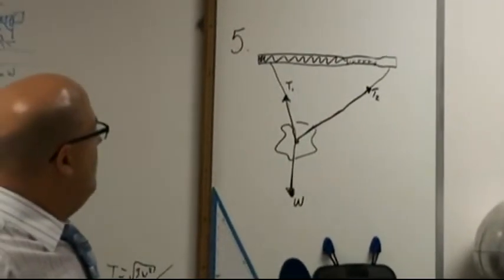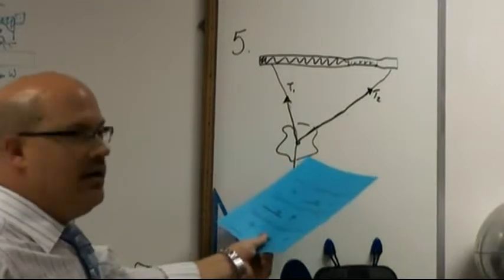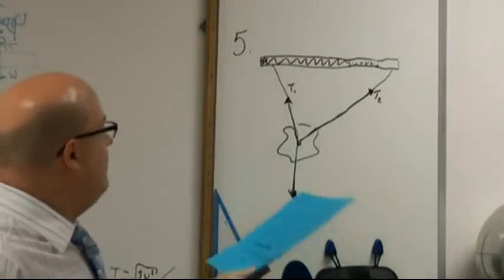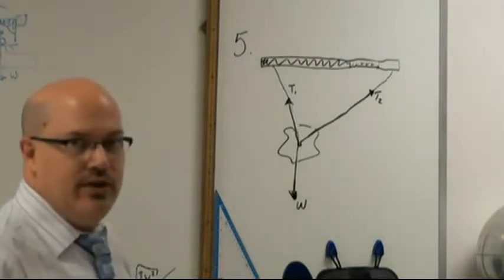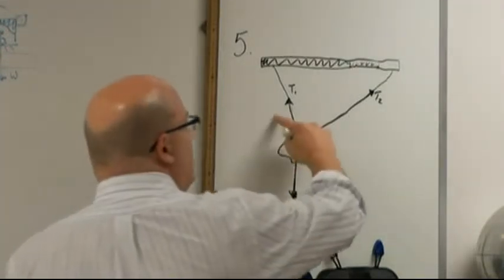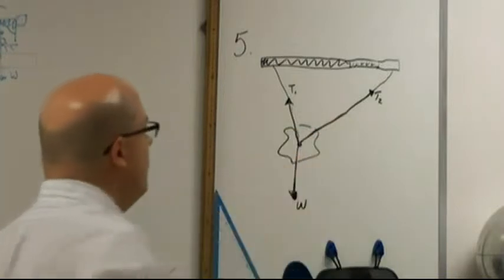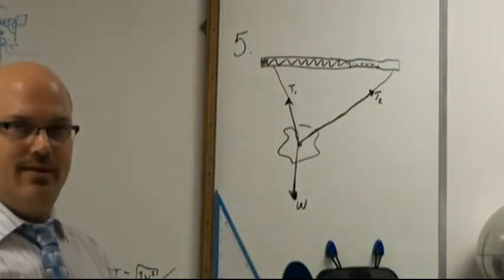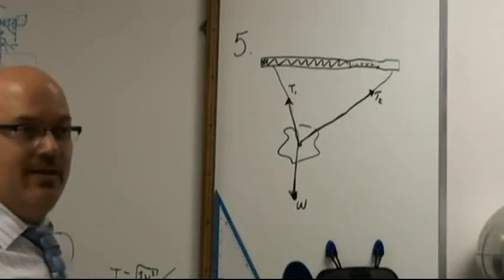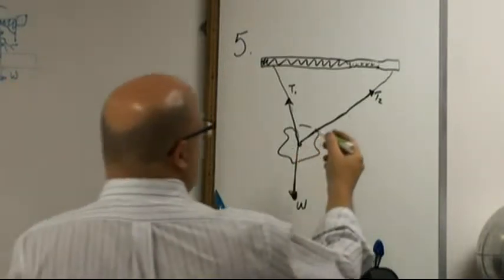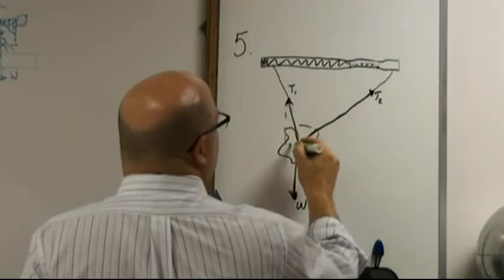Number 5. A rock held up by 2 strings. The strings are not at the same angle. Trick question again. Which tension is bigger? The one closest. This one's right, this one's left. It's upward.